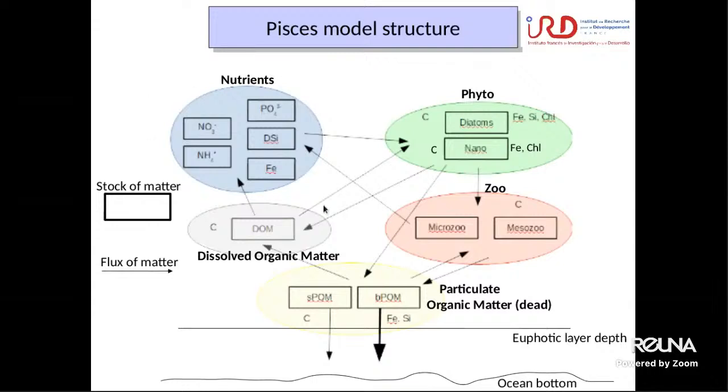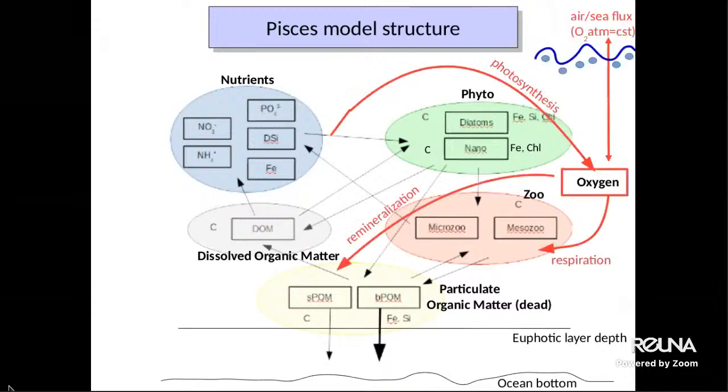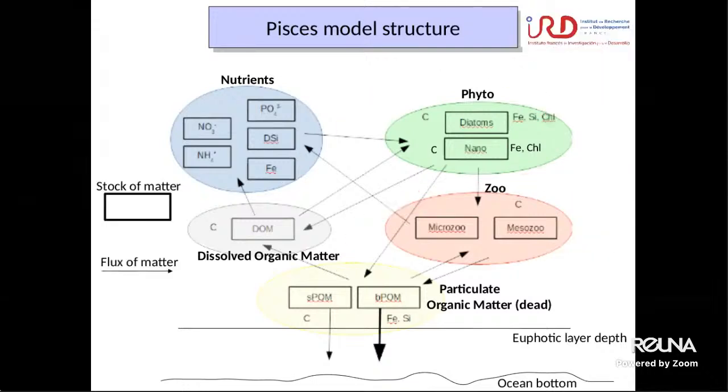So if we start with the nutrients, what is different in PISCES from other models is that PISCES has a lot of different nutrients. It has nitrogen in two different forms, nitrate and ammonium.